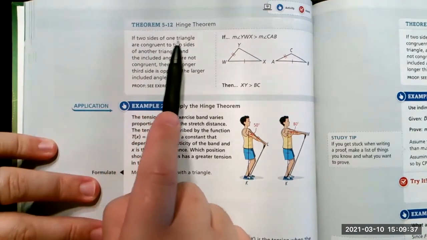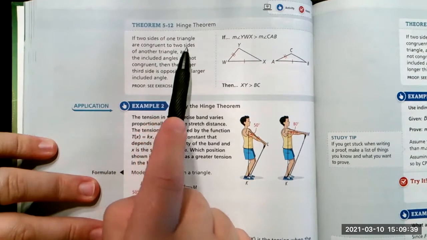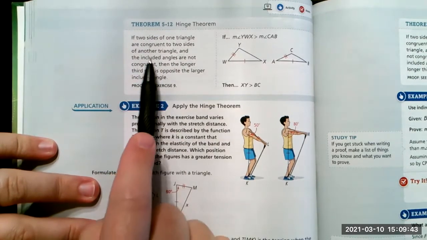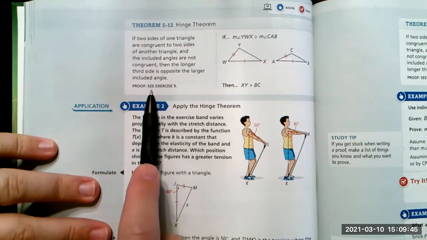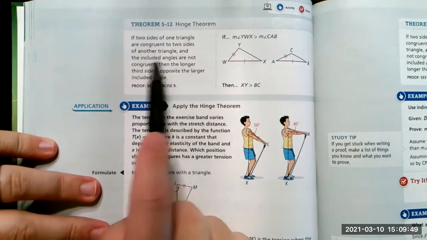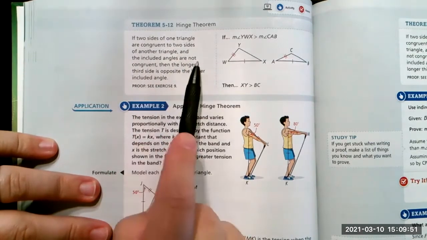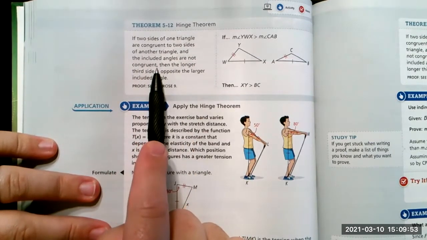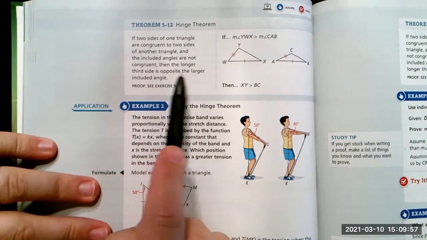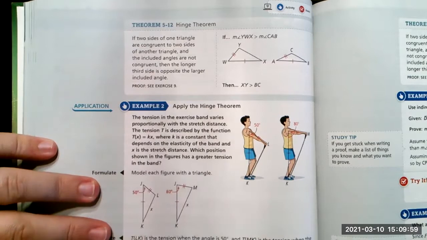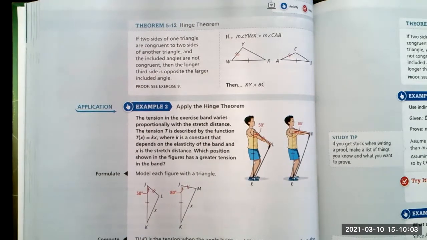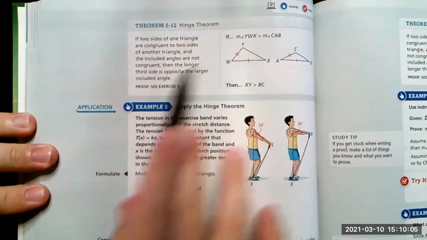If two sides of one triangle are congruent to two sides of another triangle, just like that unicycle, between the seat and the middle of the wheel, and between the middle of the wheel and the pedal, those are going to be equal. And the included angles are not congruent, so the angles are not the same, then the longer third side is opposite the larger angle. That's what the hinge theorem is talking about.